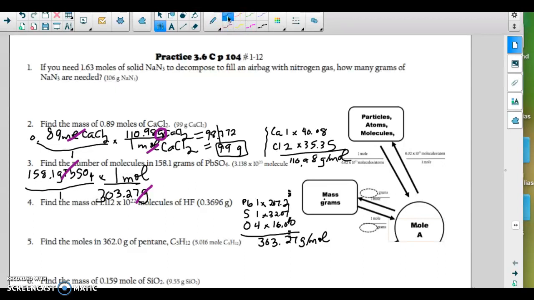Sometimes you'll just stop there at mole. So you have to be careful. So I know that 1 mole has 6.02 times 10 to the 23rd molecules. And then again, I can cancel and I'm left with this unit. So I know that's my unit and I did the right thing.